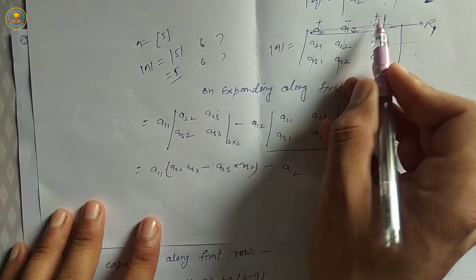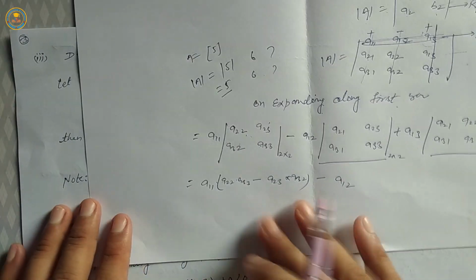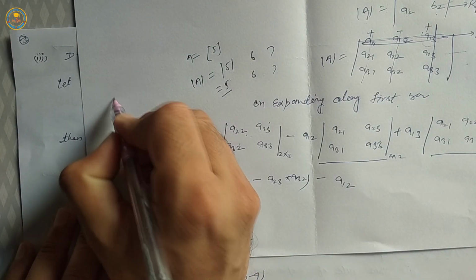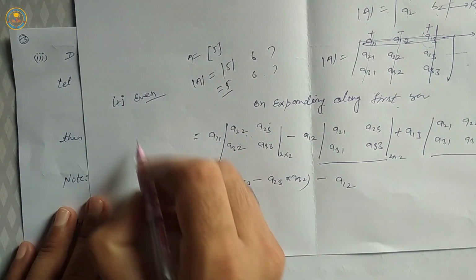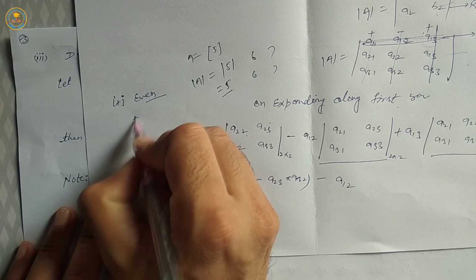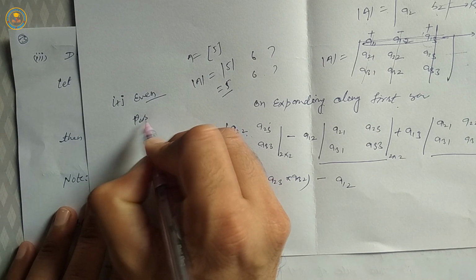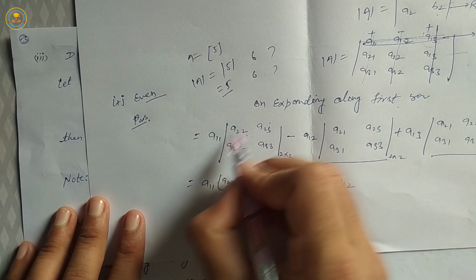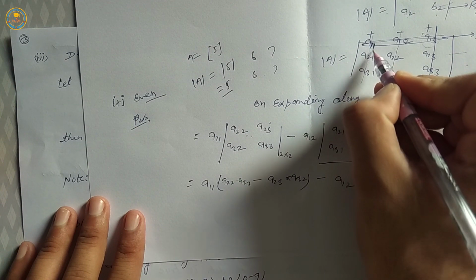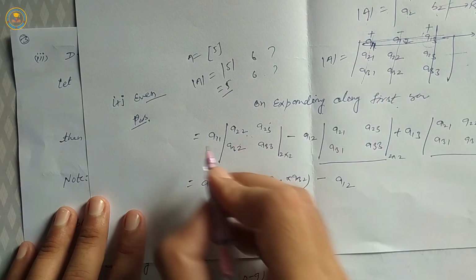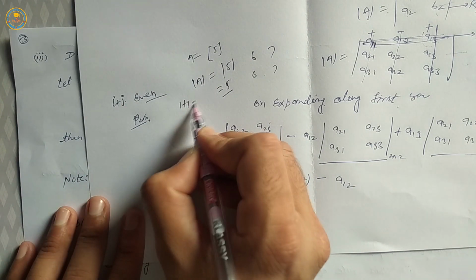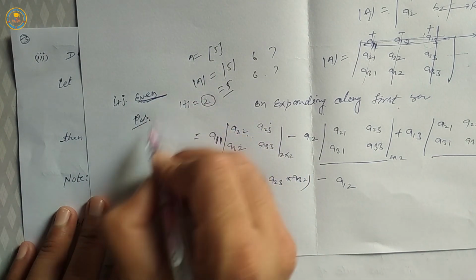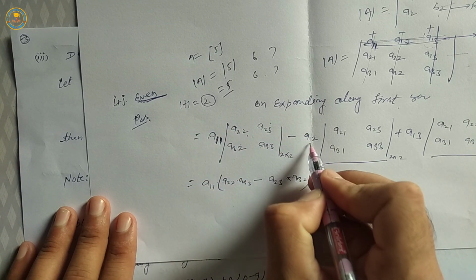So plus, minus, plus. Plus, it means i plus j even, it means positive sign. A11: i equal to 1, j equal to 1, 1 plus 1 is equal to 2, an even number. It means positive.